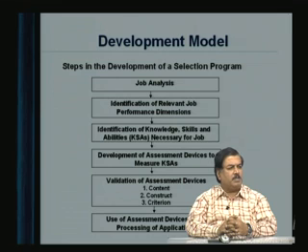In development of a selection program, as I mentioned earlier, we start with the job analysis. The job analysis can be done by systematically documenting all the activities one would perform.